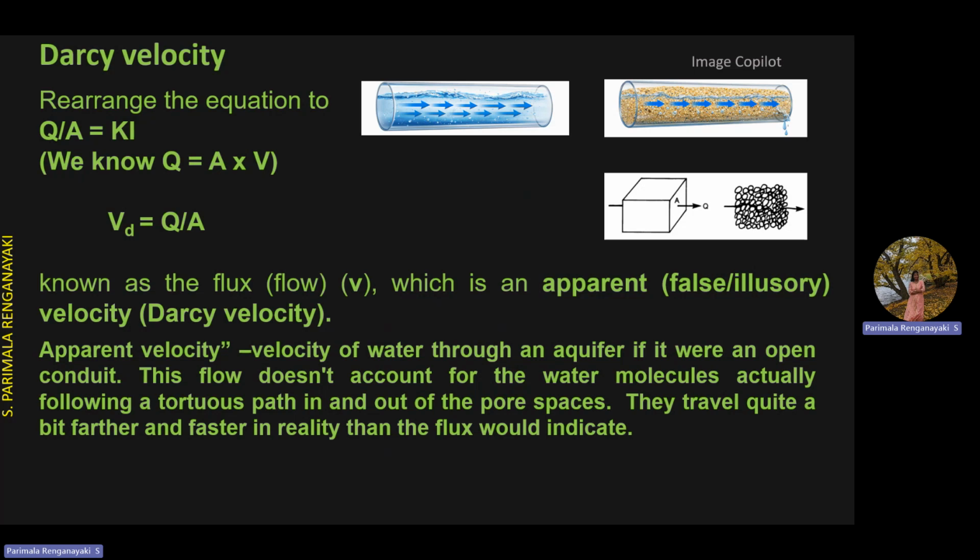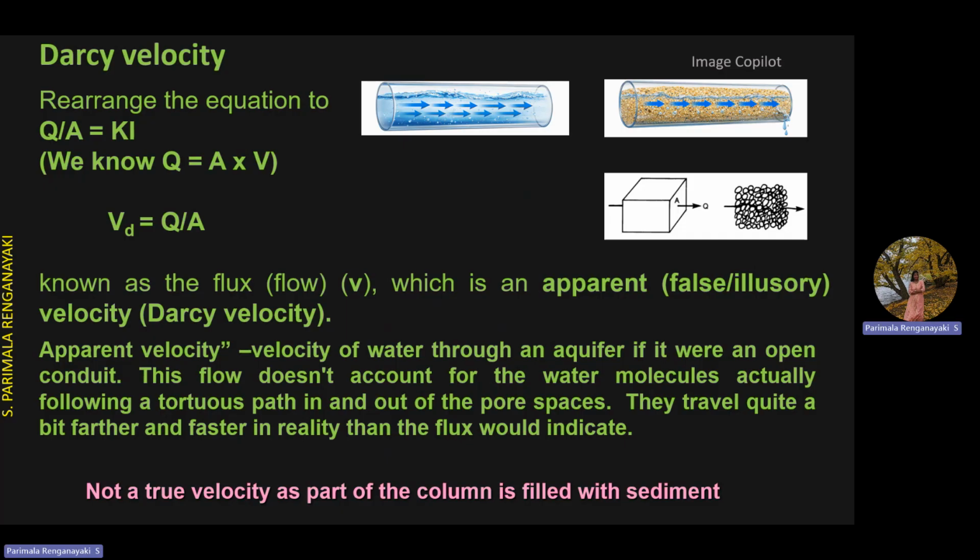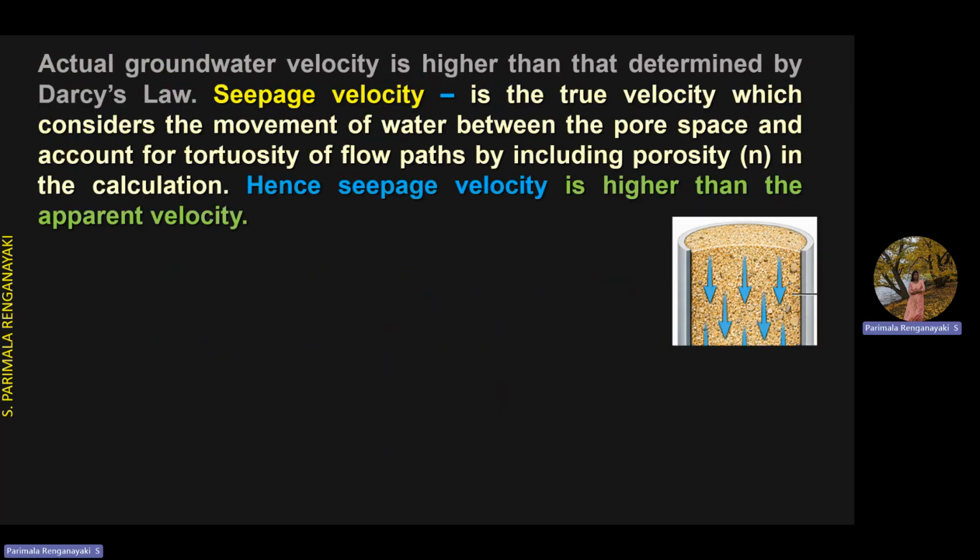Then how do we account for the true velocity or true path the water is crossing? Actual groundwater velocity is higher than that determined by Darcy's velocity, and it is called seepage velocity, because water is seeping through this sand material.